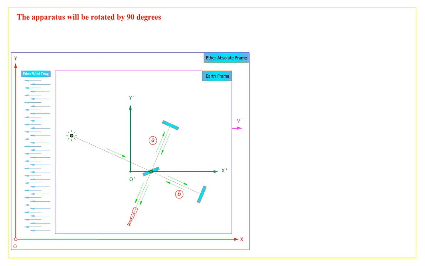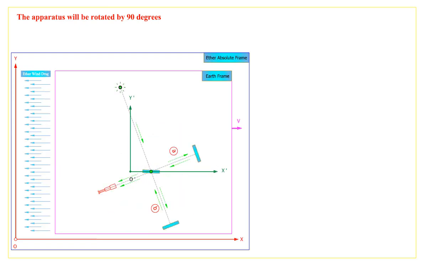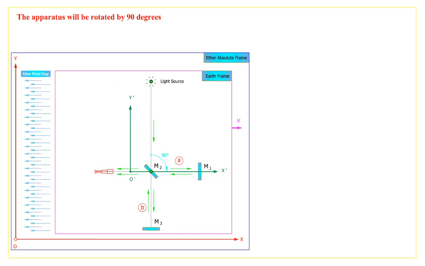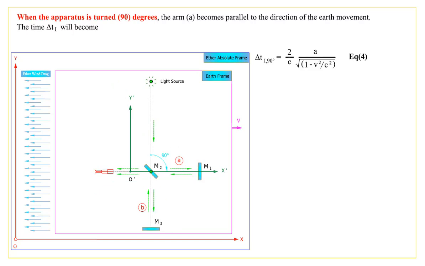The apparatus will be rotated by 90 degrees. When the apparatus is turned 90 degrees, the arm A becomes parallel to the direction of the Earth movement. The time delta t1 will be given by the equation.